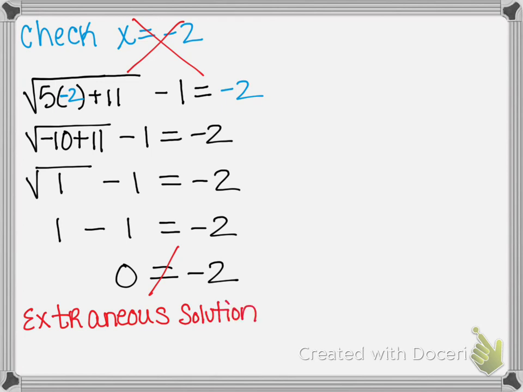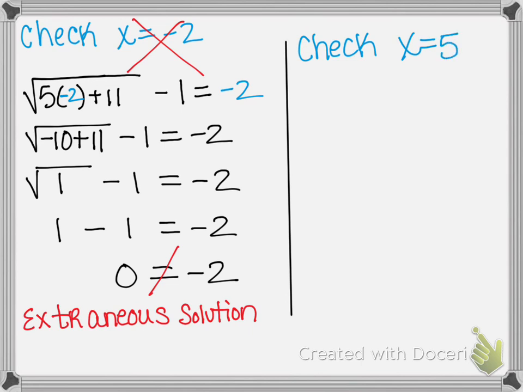All right, now let's see if 5 works, because that was the other solution we found. So now we want to check the solution x equals 5. And we're going to do that the same way. We're going to replace the variable x with the number 5. So we have the radical 5 times x plus 11 minus 1 is supposed to equal x.